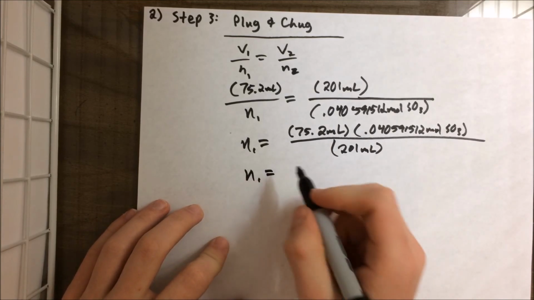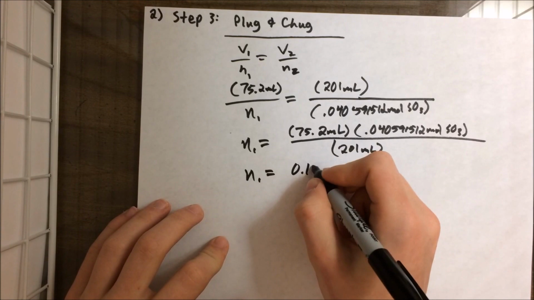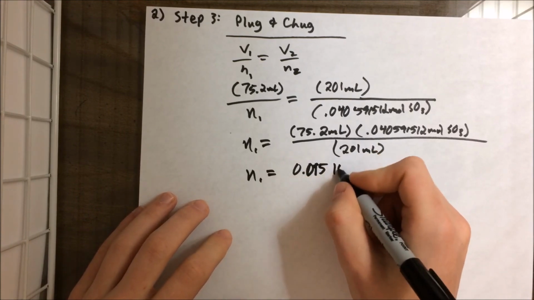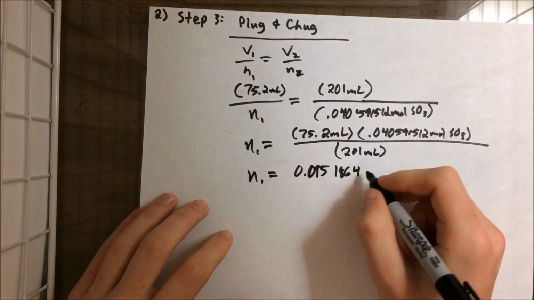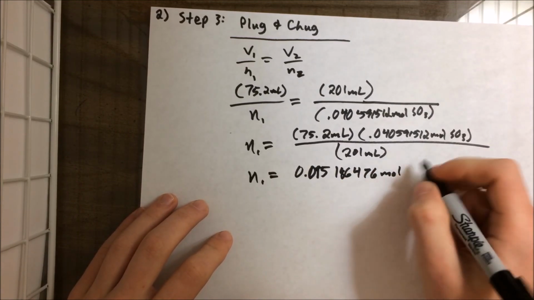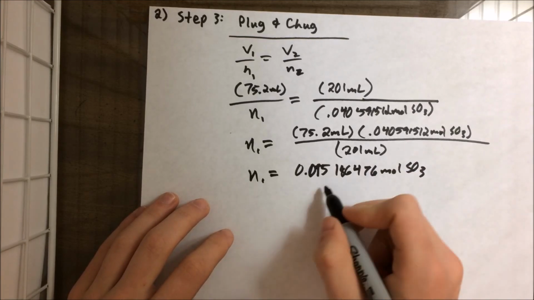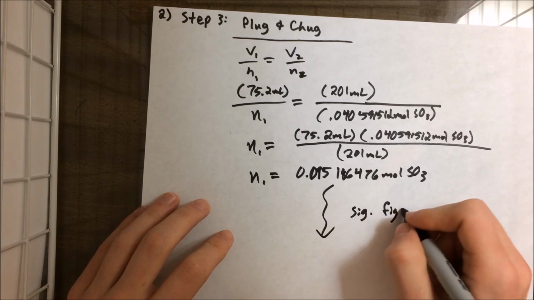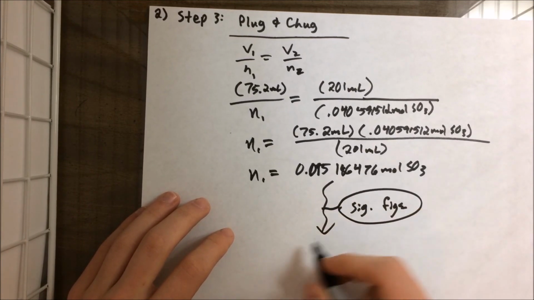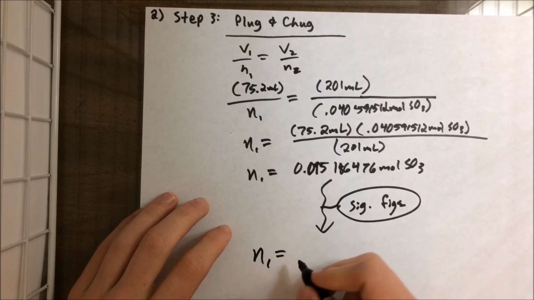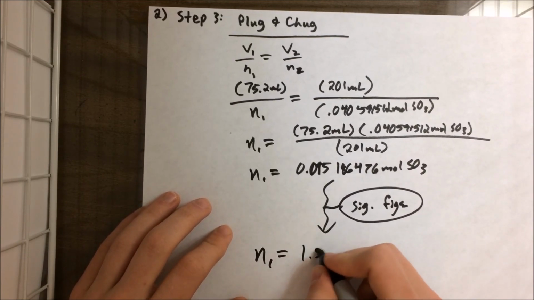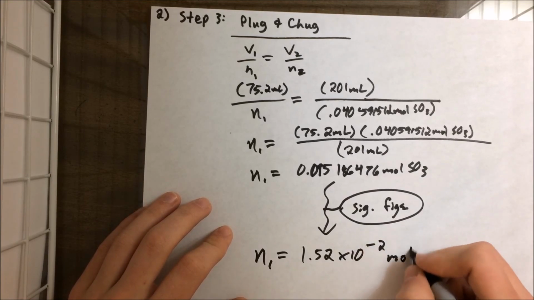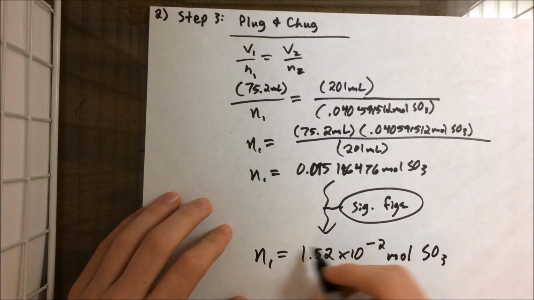So then n1 is equal to 0.015186476 moles of SO3. So then we need to keep in mind the number of significant figures. So then our final answer is going to be n1, the initial amount, is equal to 1.52 times 10 to the negative second moles of SO3.